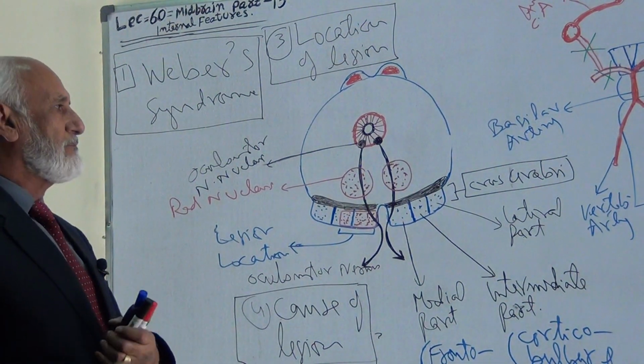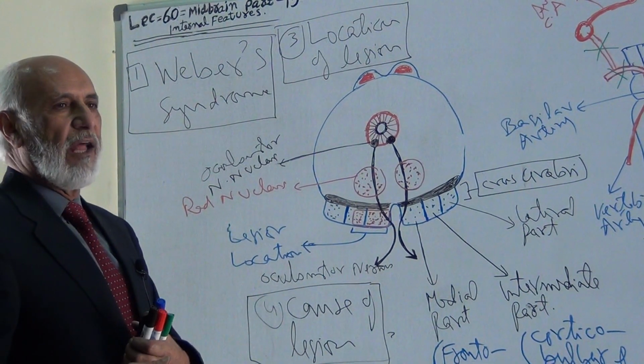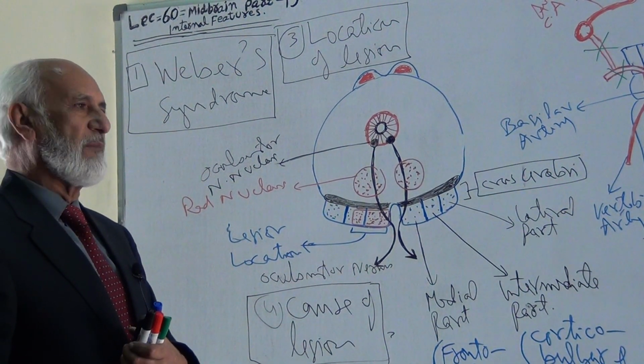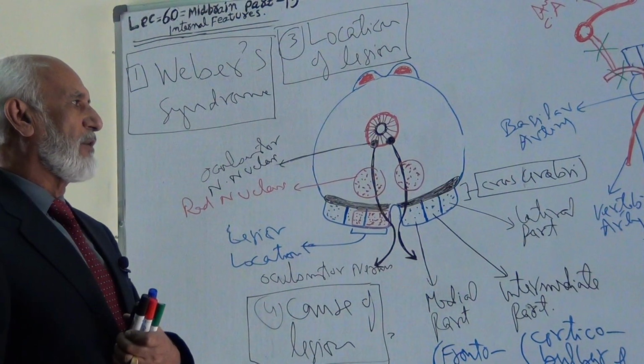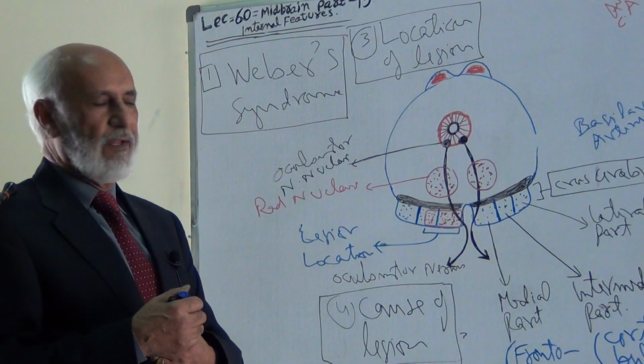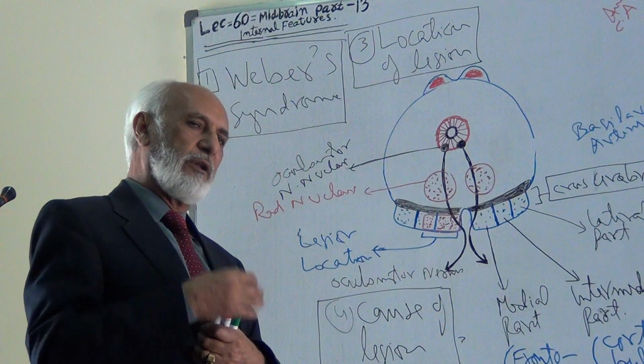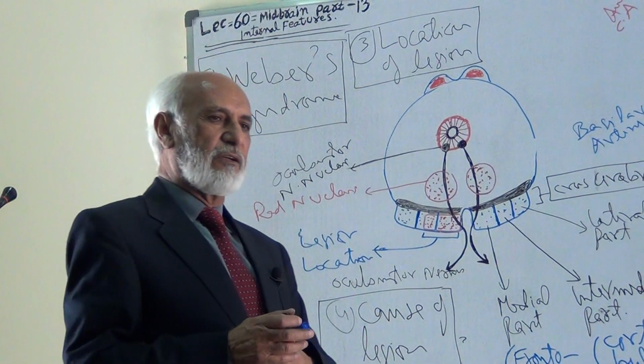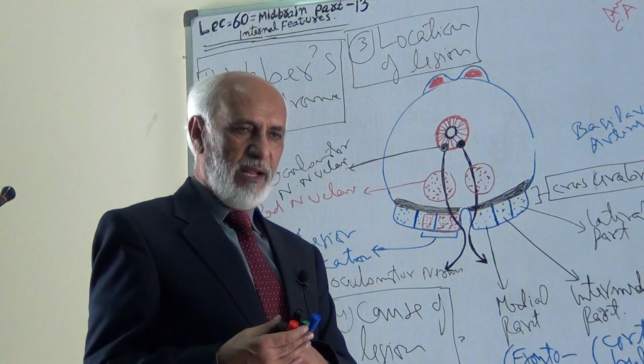Therefore, the dilator pupillae muscle will be unopposed, because the dilator pupillae muscle is innervated by the sympathetic nerves. So in case of lesion of the oculomotor nerve, the parasympathetic supply of the iris, that is the constrictor pupillae muscle, will be paralyzed.